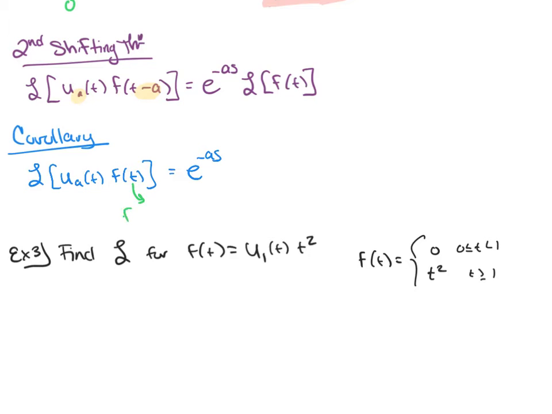We still can call f of t minus a if it was f of t plus a minus a. So if this t right here were a t plus a, then the t in the answer would be a t plus a. Then the second shifting theorem holds. T plus a minus a is just f of t.